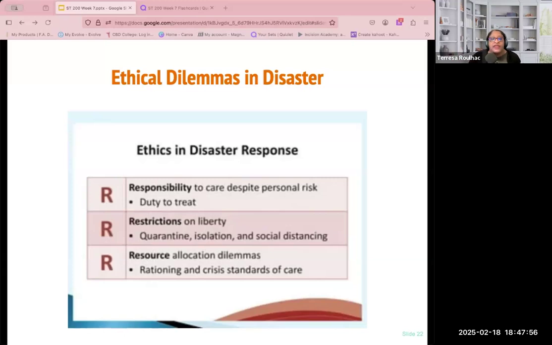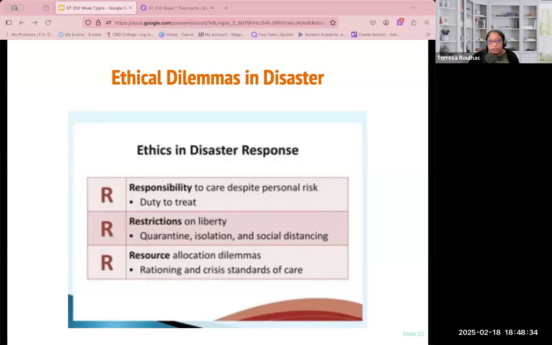Some may argue that individuals should be compensated for property damage, loss of livelihood, or health consequences, while others may view this as an undue burden on government resources. So here's some questions for this one. What criteria should be used to determine whether compensation is even appropriate? How can a balance be struck between helping those affected and managing limited resources?